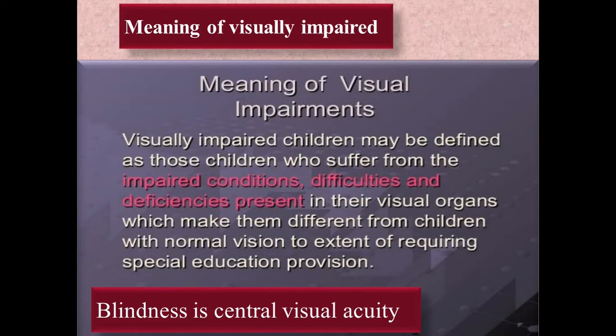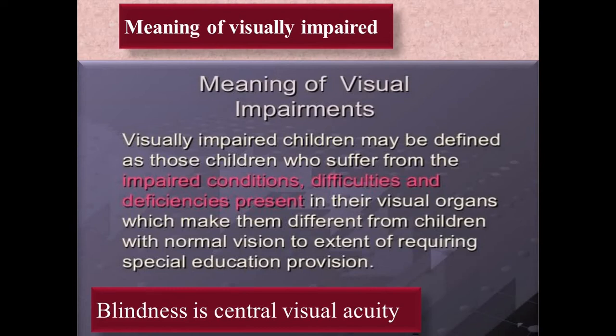So blindness is loss of central visual acuity. Visual impairment as an umbrella term includes all levels of vision loss and thus may represent a continuum from individuals with very poor vision to individuals who can see light but no shapes to individuals who have no perception of light at all.